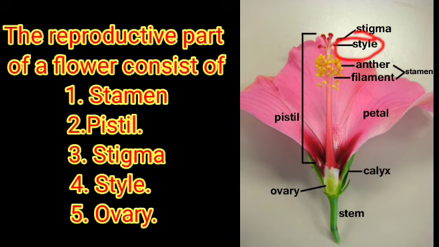The style is a long tube-like stalk that connects the stigma and ovary. And the last one, the ovary, holds a lot of ovules. It is the part of the plant where seed formation takes place.